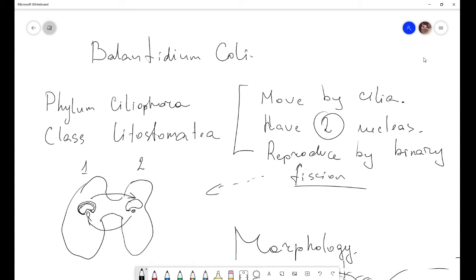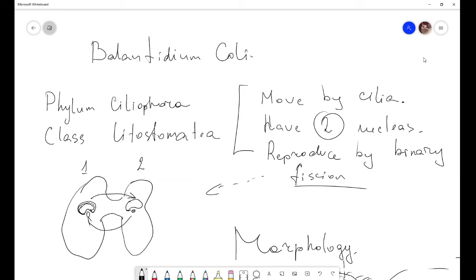Okay, what about geographical distribution? It is cosmopolitan. You can meet this parasite everywhere where pigs are raised, where pigs live, and in these places you can meet Balantidium coli.